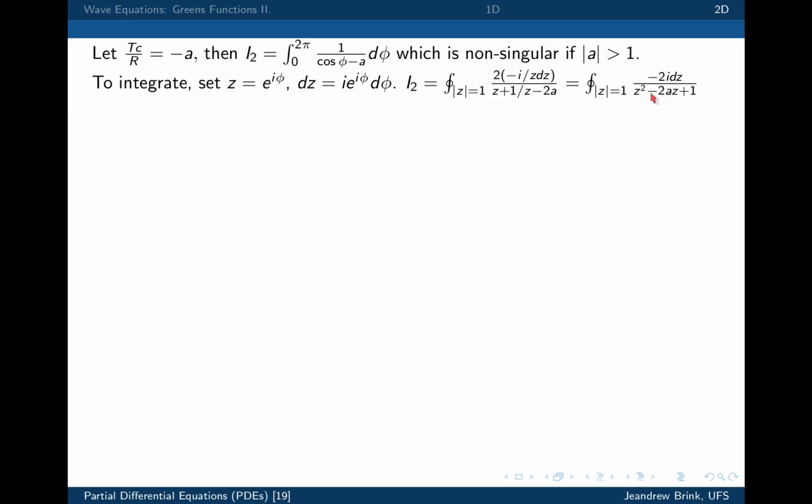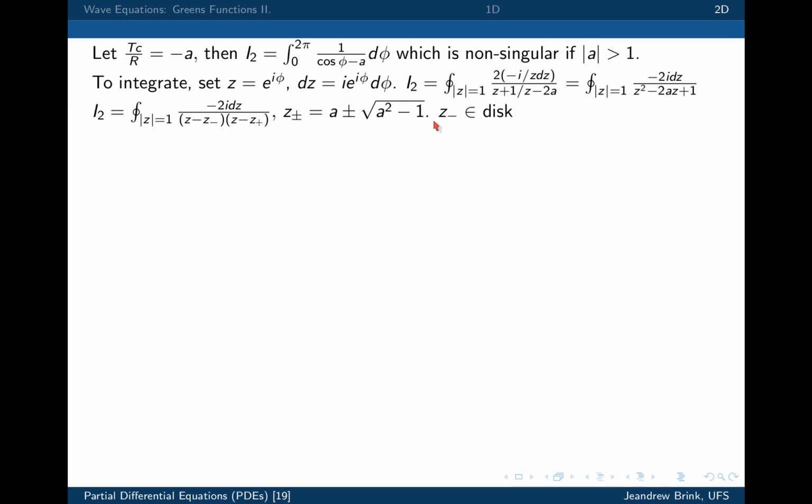Okay, so when you have your rational integral, you try and take out all the simple poles. So you're basically going to write it like this, z minus the one root times z minus the other root, where the roots are simply defined by solving this equation, writing down the quadratic formula for that equation.